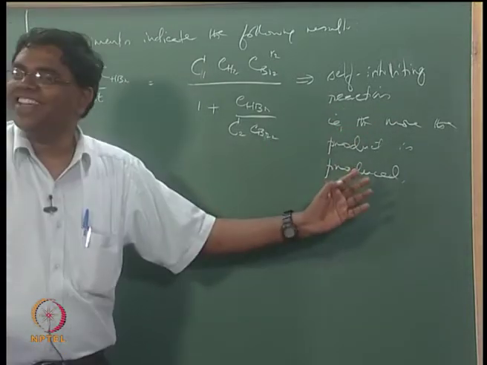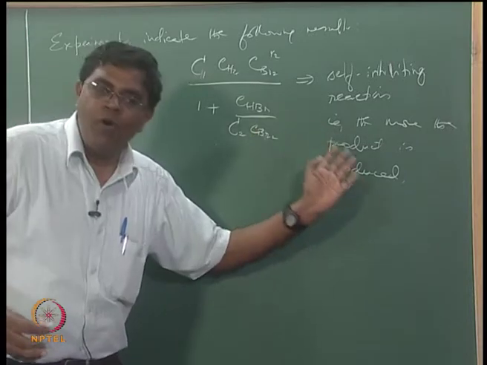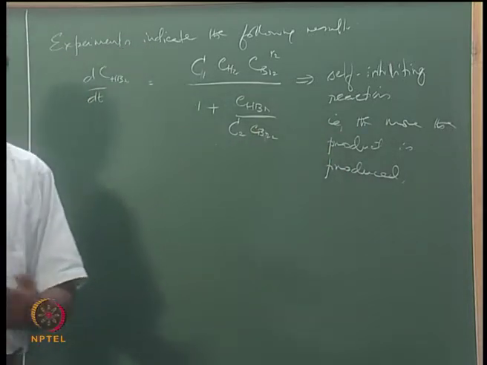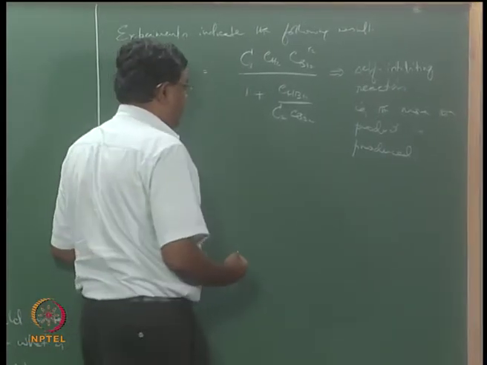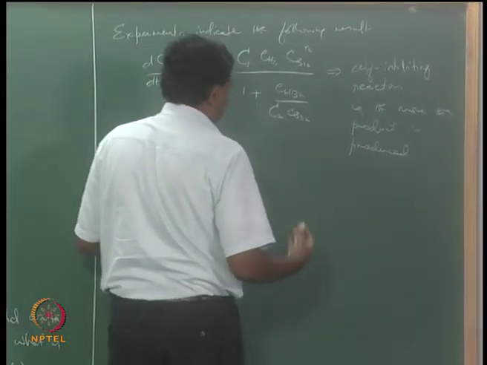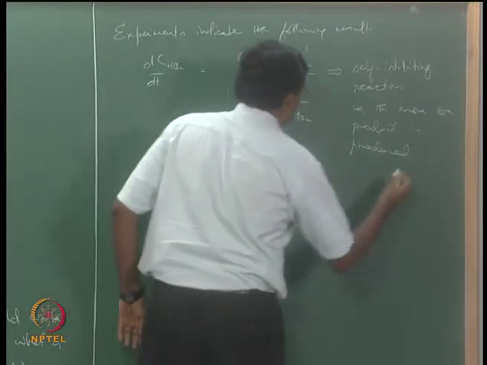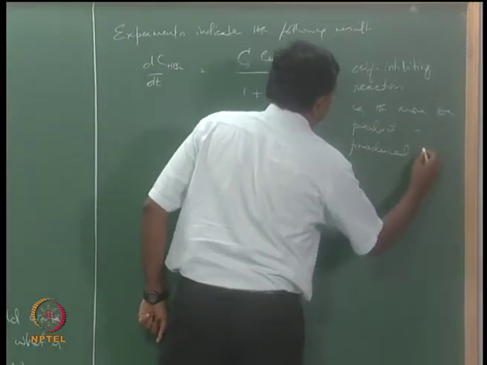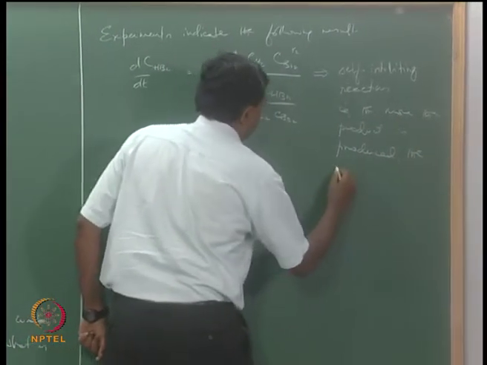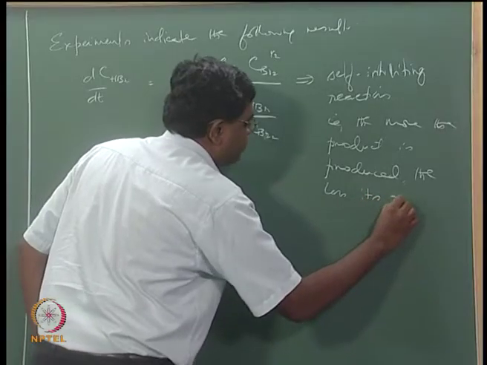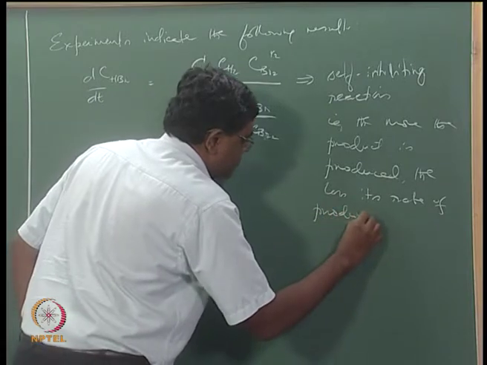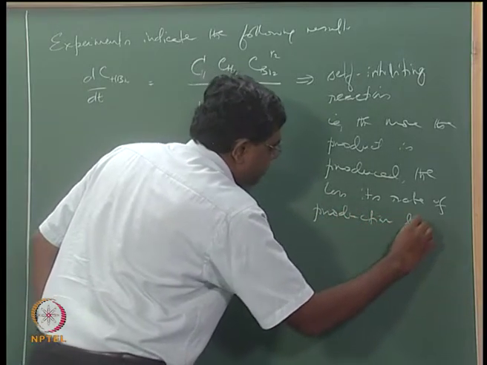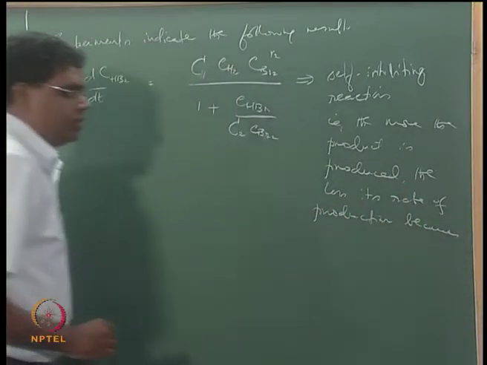Okay, that's not what we should say. The more the product is produced, the less the rate at which it is produced. So we are now looking at how the rate of its production is affected by how much of it is produced. The more the product is produced, the less its rate of production becomes.